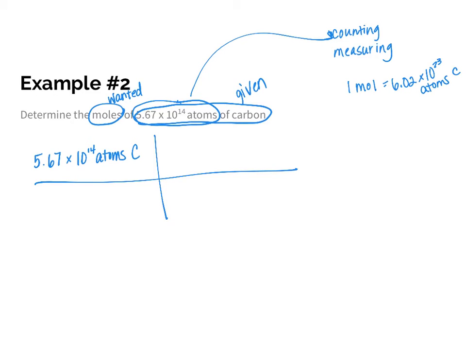So in order to cancel out atoms of carbon, I already have it in the top as my given. Therefore, this part is going to have to go on the bottom so that my atoms of carbon cancel. And that means that 1 mole of carbon will be up top.